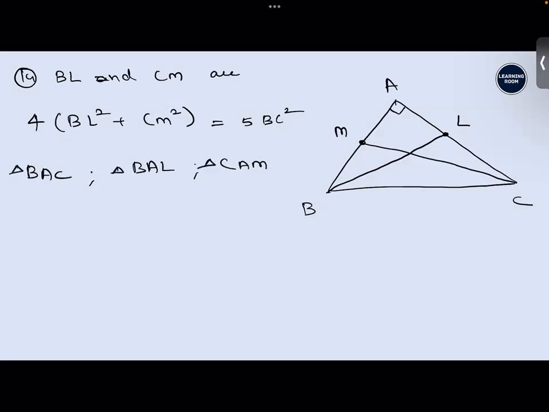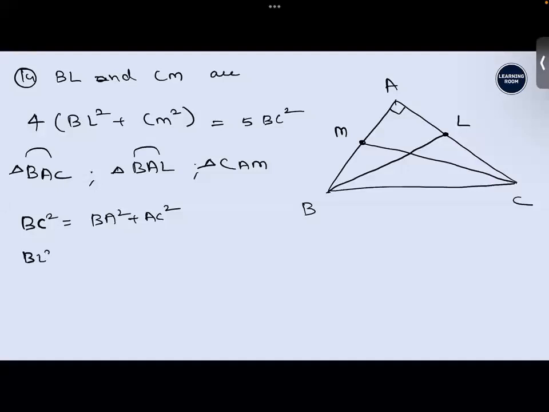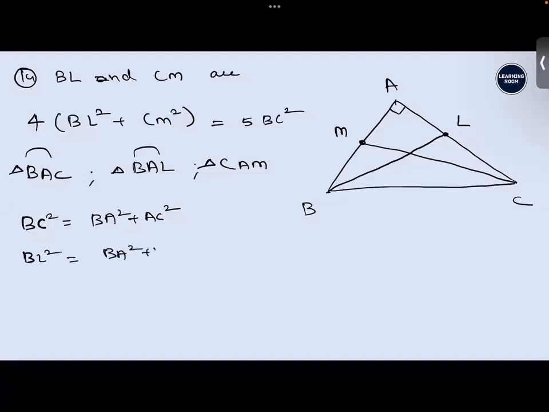Since you have written it in the correct order, then what can you say? BC square is equal to BA square plus AC square. Then what about this? BL square is equal to BA square plus AL square. CM square is equal to CA square plus AM square.